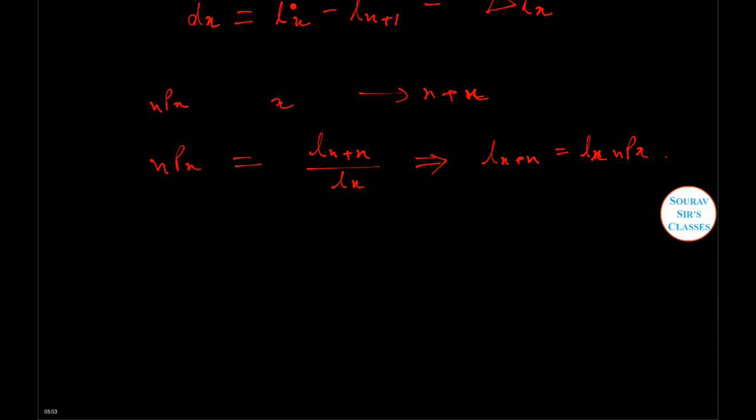In particular cases, we usually take n equal to 1. Hence, the final equation stands as px is equal to Lx plus 1 divided by Lx.